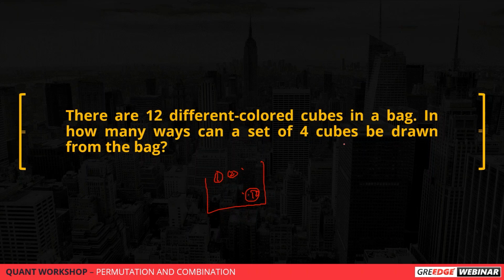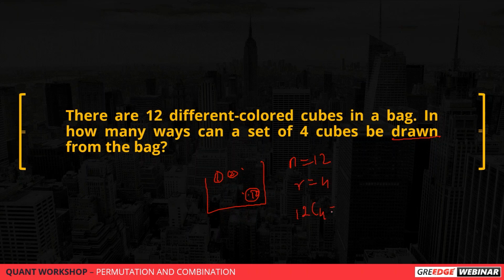Okay, what is it doing? Is it discussing arrangement or is it discussing selection? It is asking you to draw from the bag. Drawn means taking, or we can say select, right? So the question is based on combination. So what is n here? The total number of objects is 12. What is r? How many are we going to choose? 4. So what is the formula?